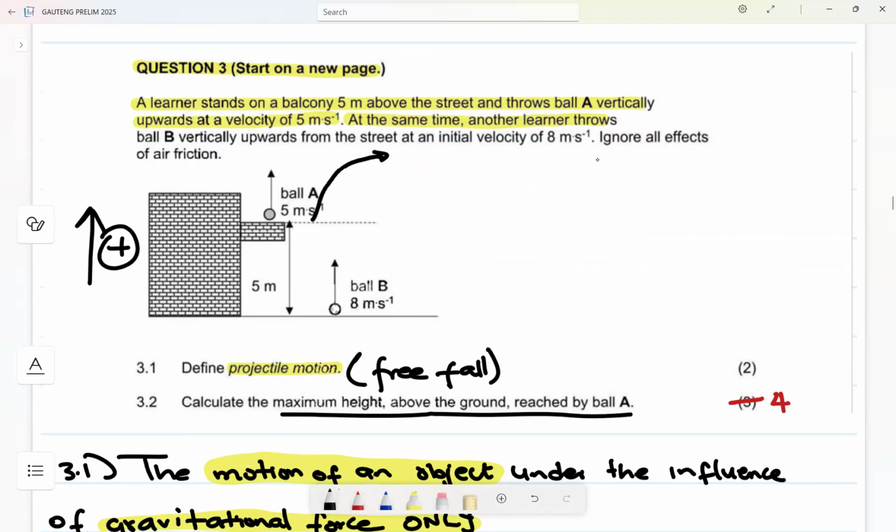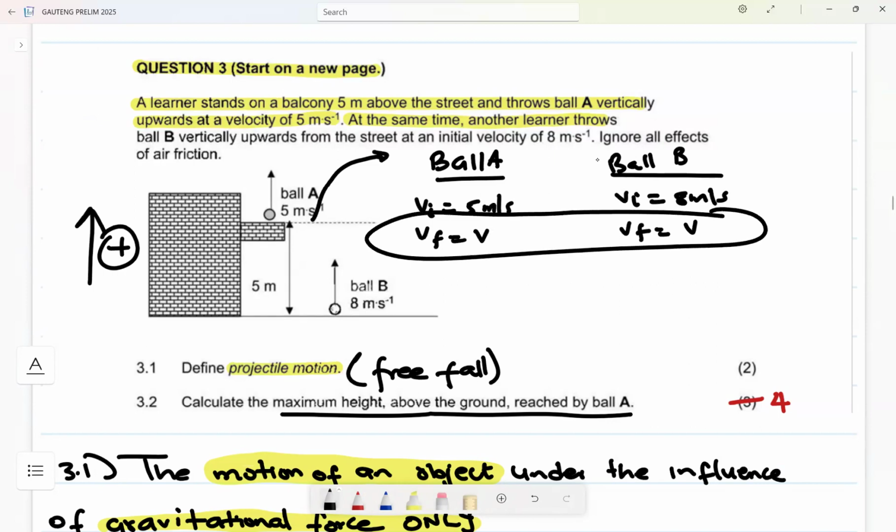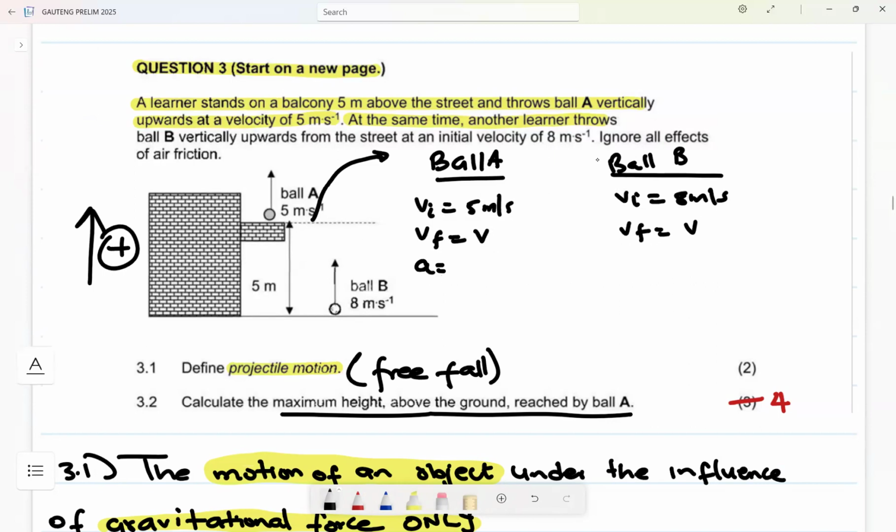For ball A, we have the initial velocity of 5 meters per second, and let's say the final velocity is V. For ball B, the initial velocity is 8 meters per second, and the final velocity is V. We want them to be equal. Acceleration is 9.8 for both, the same.